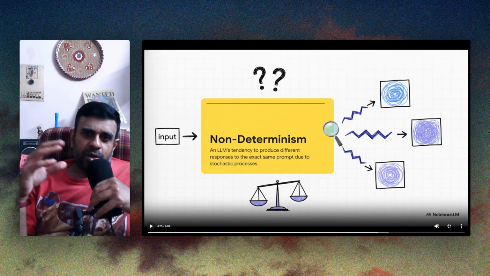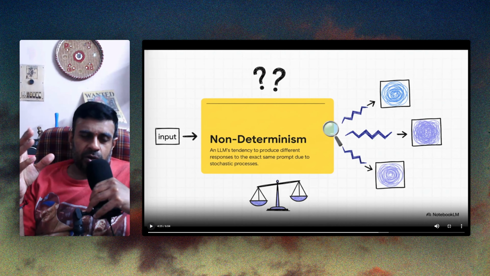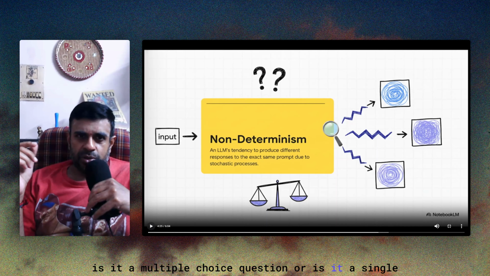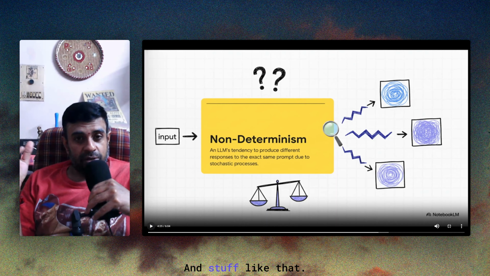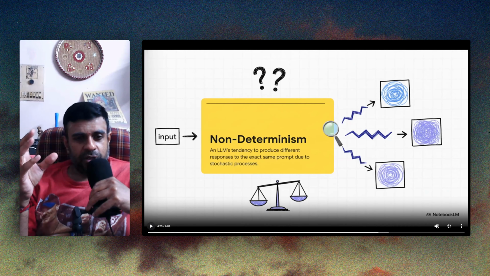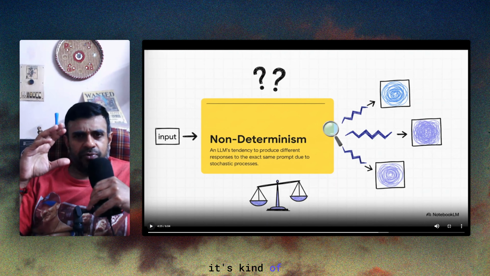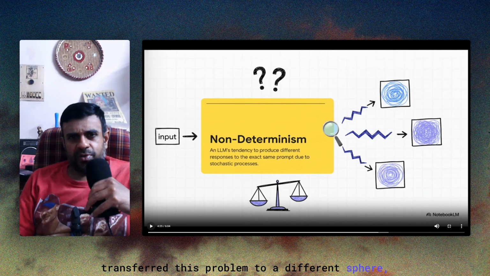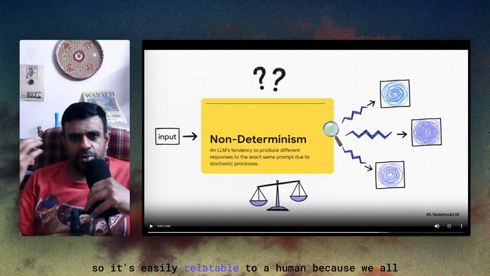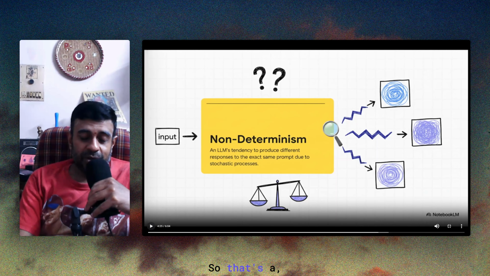And now an exam can also have rules, like whether it is a multiple choice question, or true or false, and stuff like that. And those rules constitute the methodology. So that's another amazing illustration, in that it has transferred this problem to a different sphere. So it's easily relatable to a human because we all know about exams and so on. It's a minor detail, but it's definitely worth appreciating.